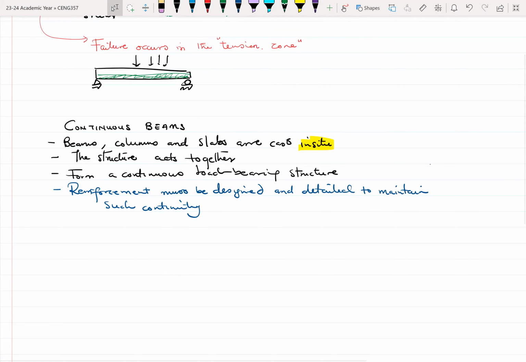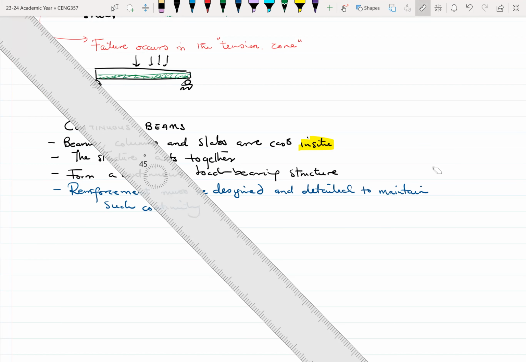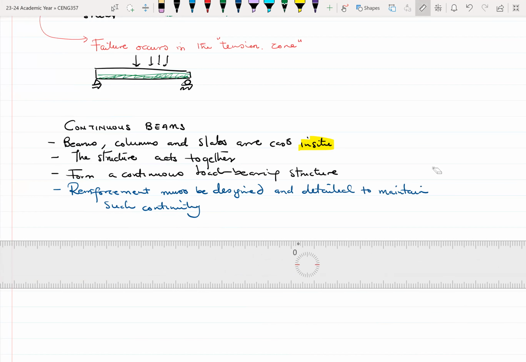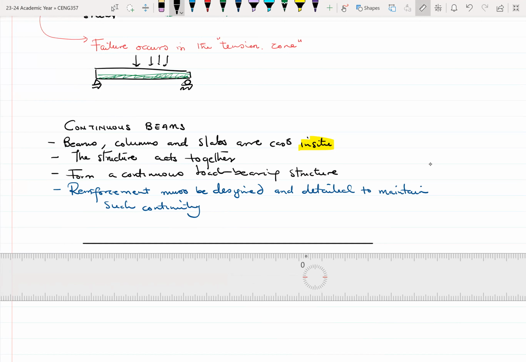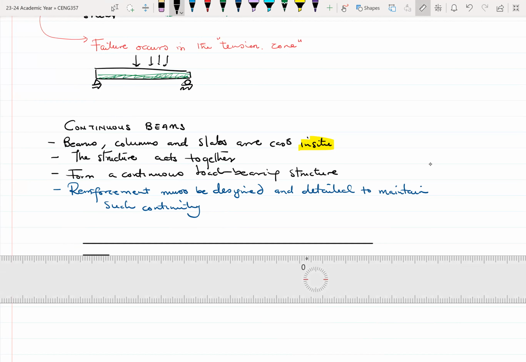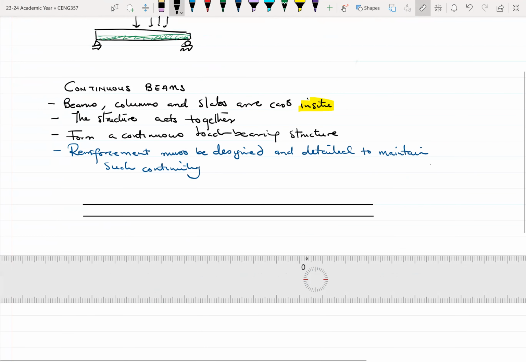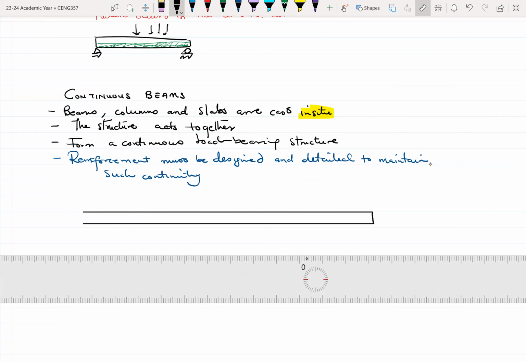All right, so let's look at a typical continuous beam. Let me see if I can maybe draw something nicer. Okay, I think this looks good.